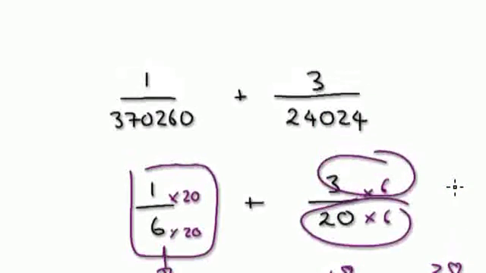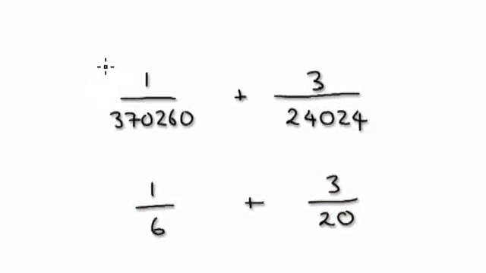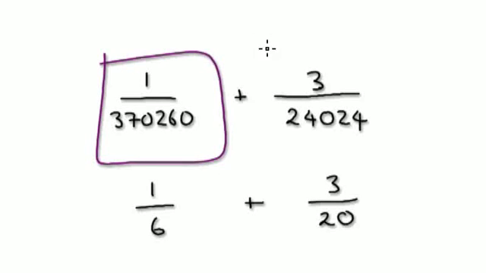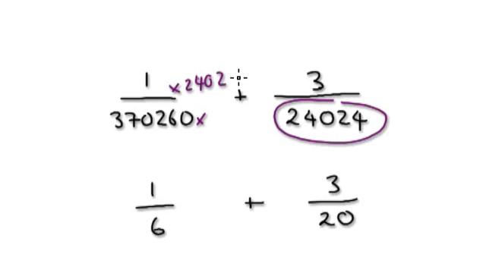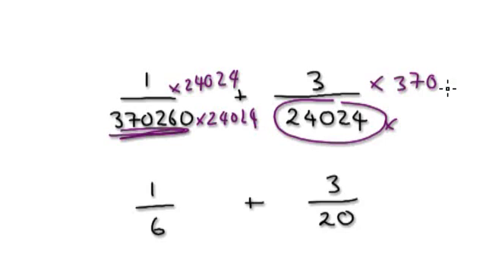But then if I give you this complicated one here, this fraction add this fraction, you would probably jump in and times top and bottom here by this number here, 24024, times top and bottom by the same number, and then on this side you would times top and bottom by this number here, 370260.